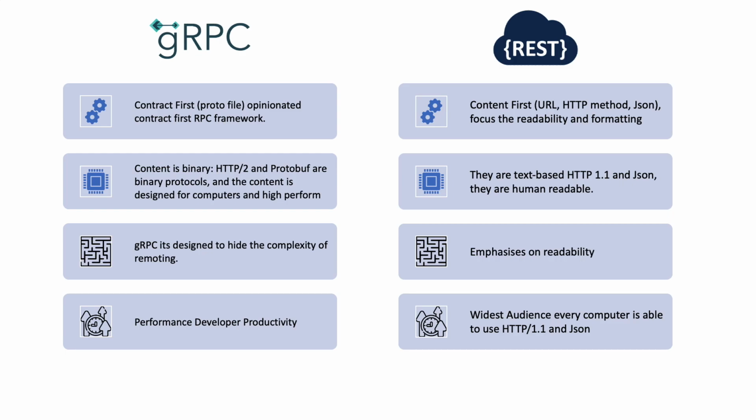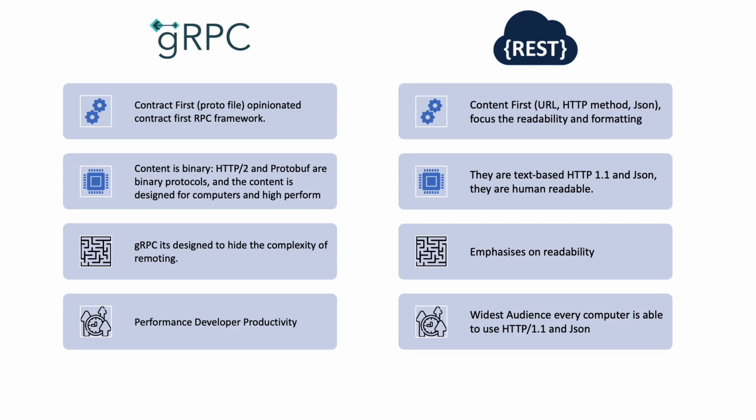On top of all of that, the last point that we want to discuss is performance. gRPC is performance driven. As long as the client and the service have the same proto file, they are able to communicate with each other.